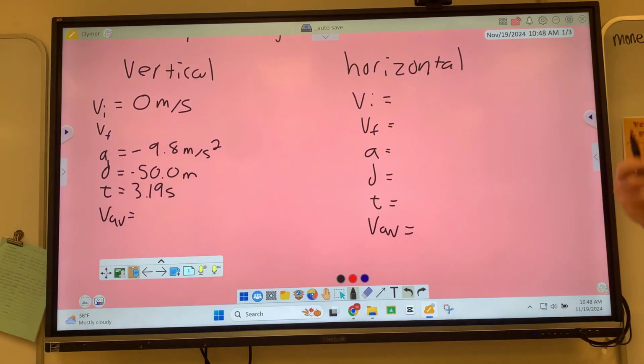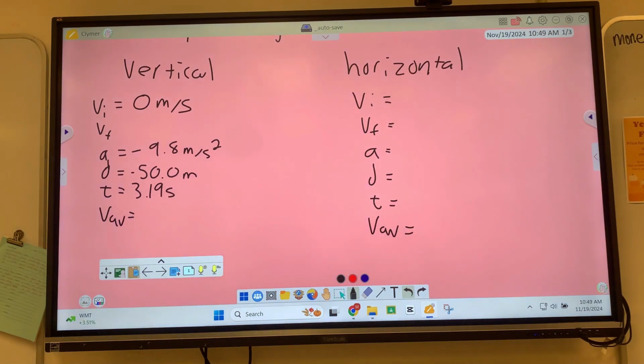Do we know acceleration? Yeah. What's our acceleration in the horizontal direction? Nope, that was vertical direction. There's gravity acting in the vertical direction. What force is acting in the horizontal direction here that would accelerate us or slow us down?